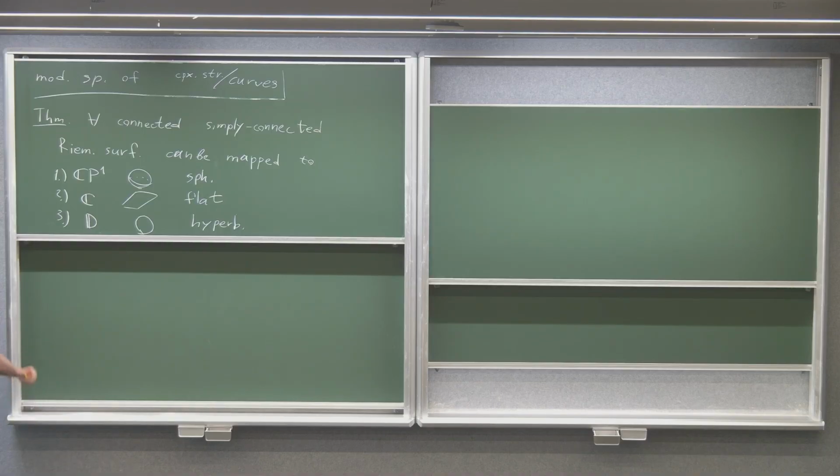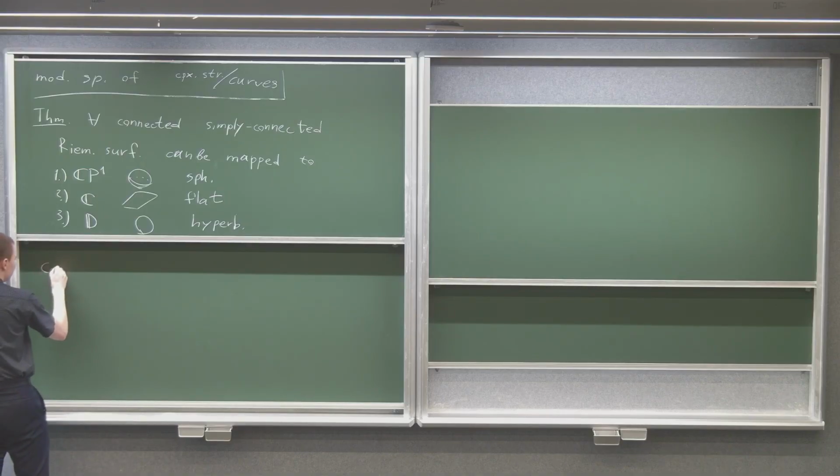Because for every non-simply connected surface, you can just look at its universal covering, and it will be simply connected. So basically, these three options are models that can cover any connected Riemann surface. Okay. So how do we get from the covering back to the original Riemann surface?